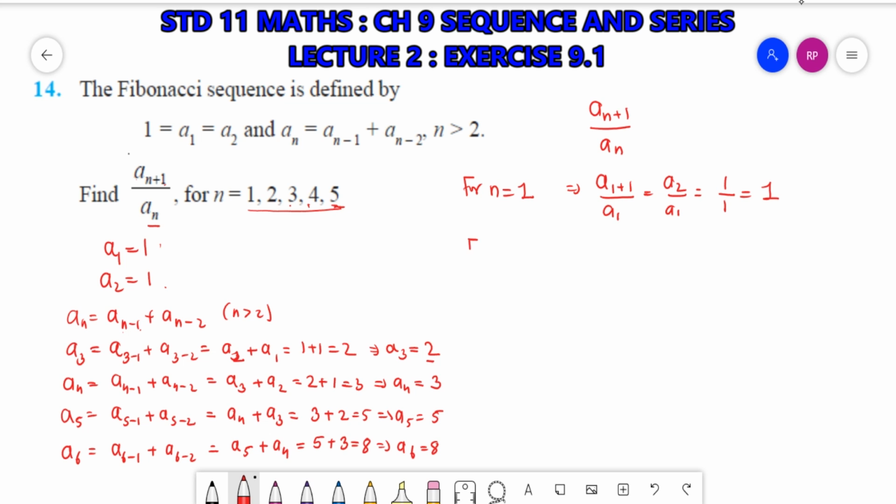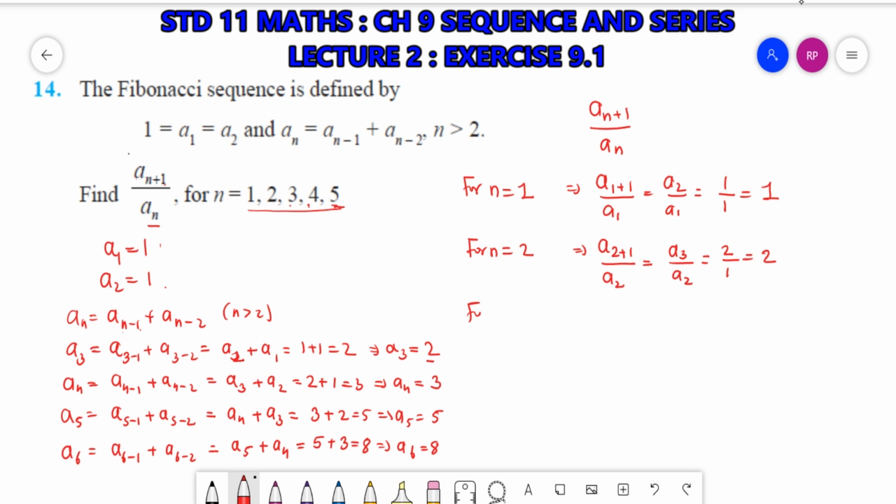For n equal to 2, A2 plus 1 upon A2, that is A3 upon A2. A3 is 2 and A2 is 1, so this is equal to 2.